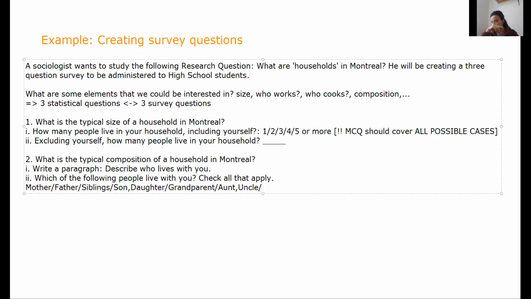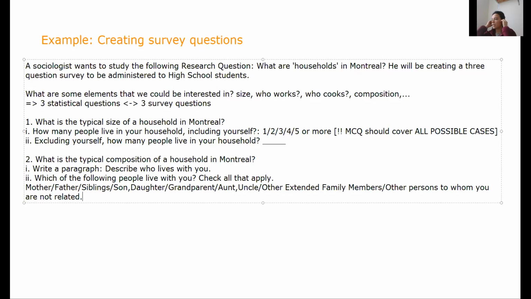And because these are check boxes, I don't necessarily want people to enter their own possibilities, so I'm going to try to cover all the possible other cases: other extended family members, or other persons to whom you are not related.